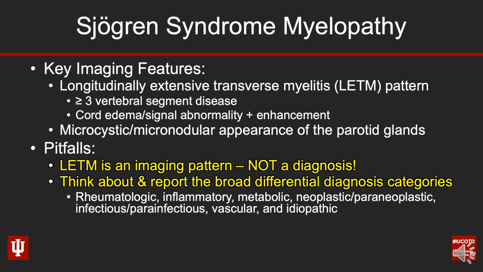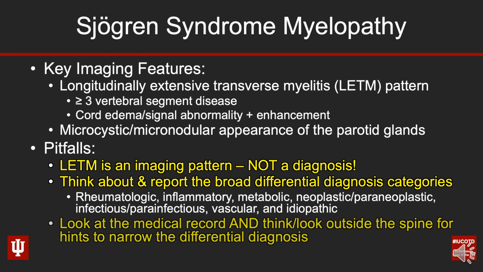Whenever you see this pattern, you want to be thinking about as well as reporting a broad differential diagnosis to your referring docs, and that would include the broad categories of rheumatologic disease, inflammatory disease, metabolic derangements, neoplastic and paraneoplastic, as well as infectious, parainfectious, vascular, and idiopathic etiologies for this pattern.